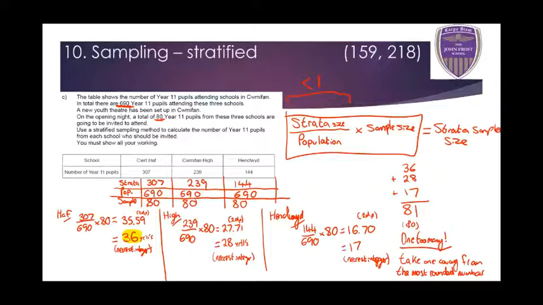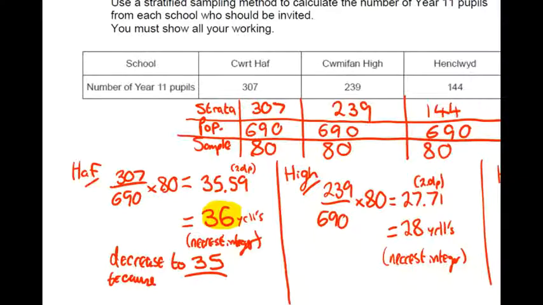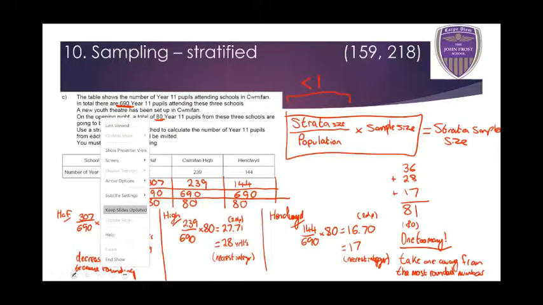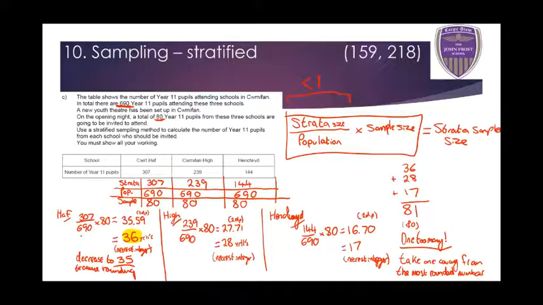So we're going to decrease 36 to 35 because of rounding. Okay, so we're going to use 35 instead.